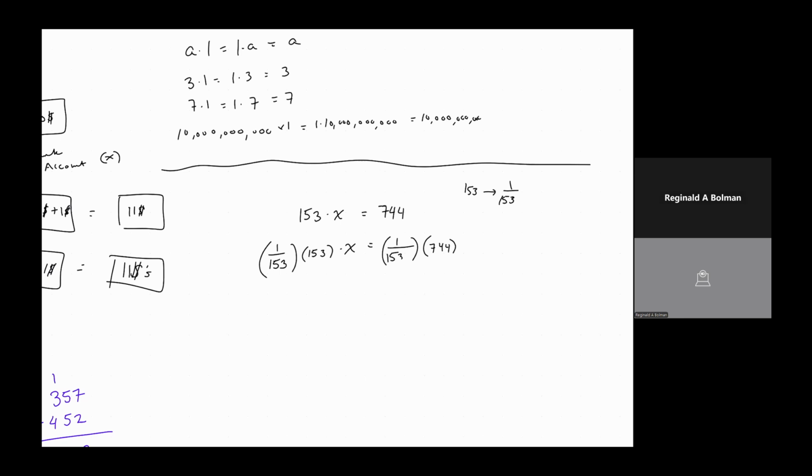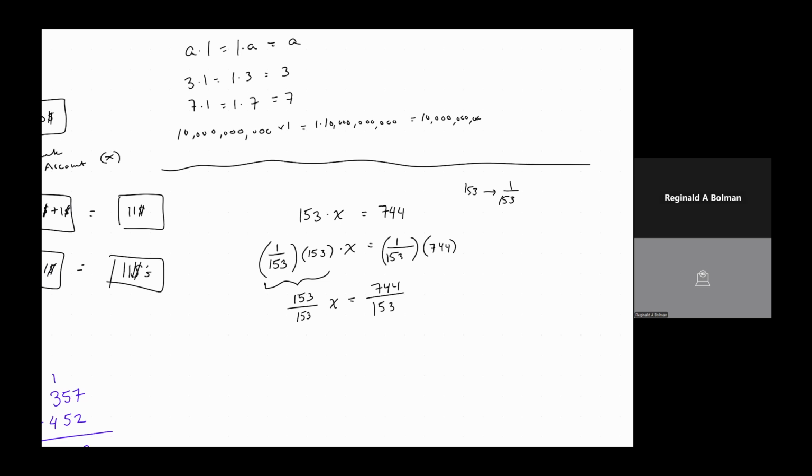So then what happens on the left-hand side, just like before, you'll get 153 times 1 in the numerator, or just 153, and 153 in the denominator doesn't change. So I'll have 153 over 153. But then on the right side of my equal sign, I've got 744 times 1, or 744, and that's going to be over 153.